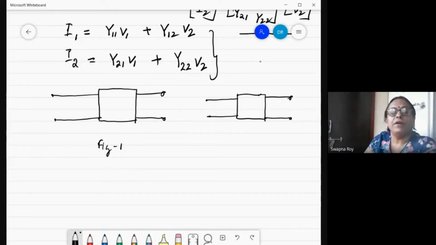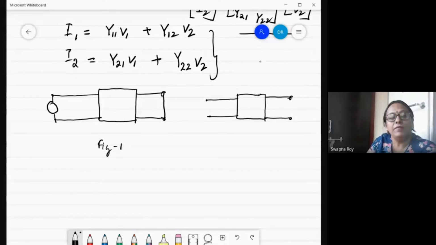So in figure 1, what I am doing, output port is shorted and we are applying a voltage V1 in the input port. So I1 current is entering. The output port is shorted, so current will go in this path and say this is equal to I2 dash.